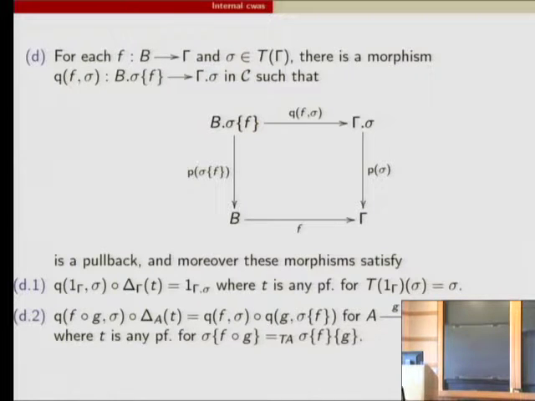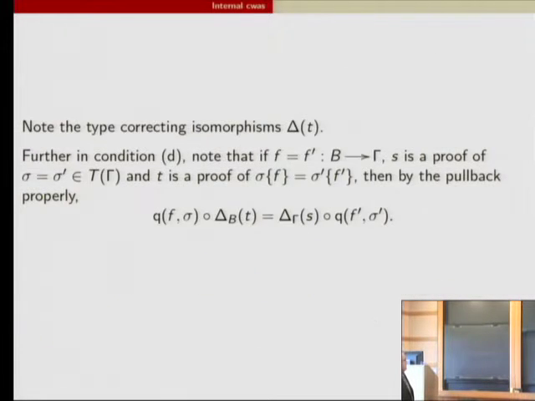So that will look like that. I call them type-correcting morphisms. And one can also see that these commute with these projections in a sense also.